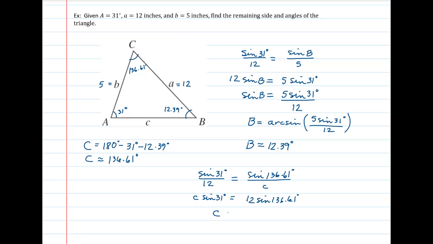And then we want to solve for c by dividing both sides by sine of 31 degrees. We're going to get that c is equal to 12 times sine of 136.61 degrees divided by sine of 31 degrees. Putting this in the calculator, we're going to get that the side c is approximately 16.01 inches. Okay, there we have it.